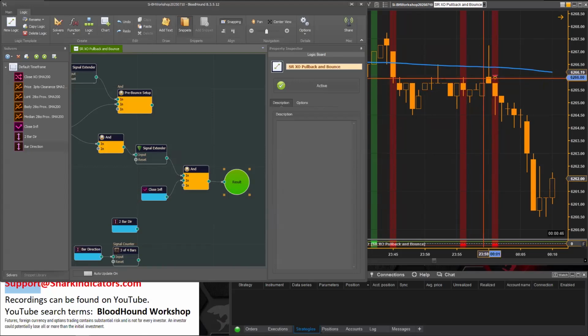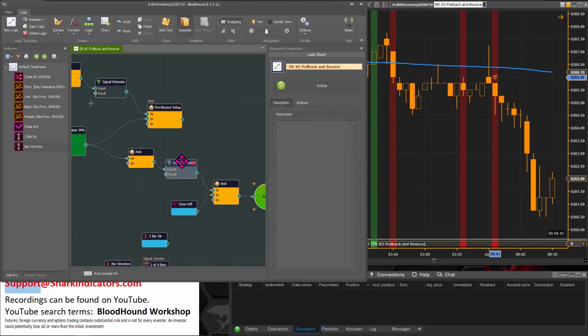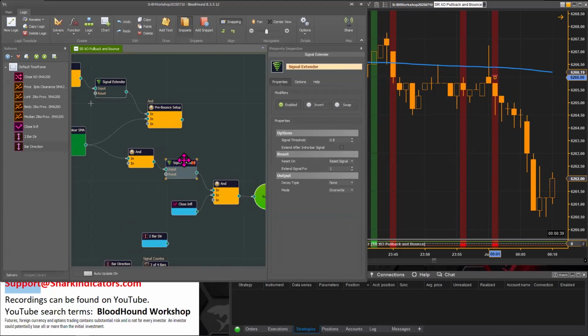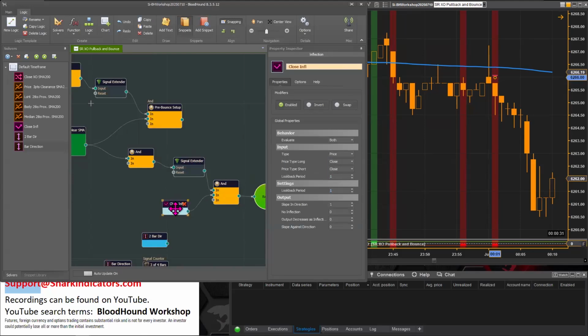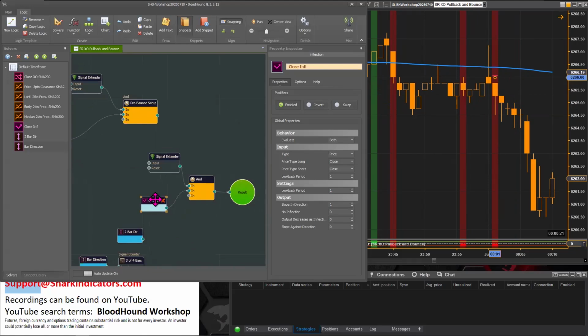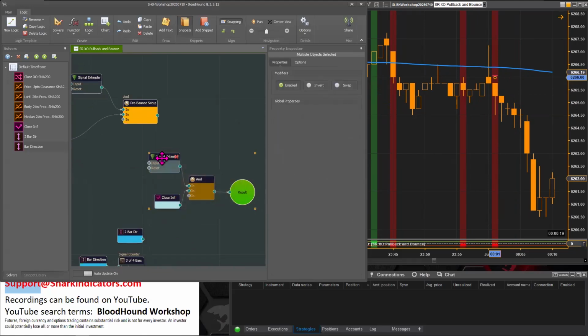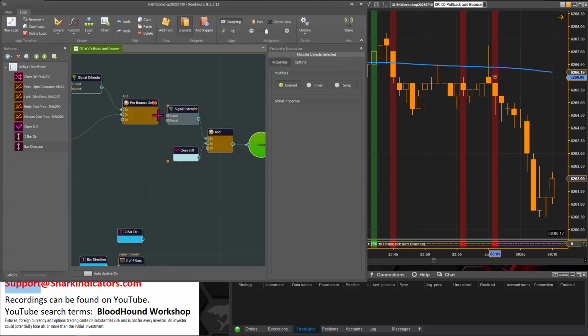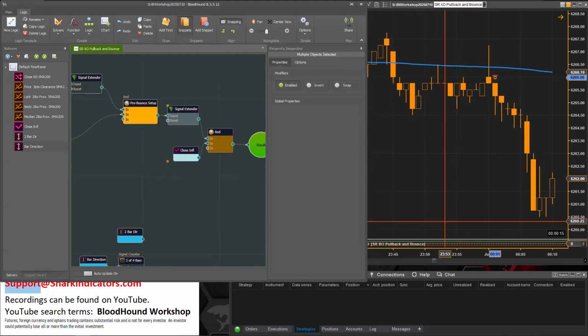So because of situations like this, it is safer to utilize a signal extender and to extend for at least one bar, because remember, the bar that reverses away is always going to be one bar in the future. So let's take that, and I'm going to bring this up here now, connect that in.